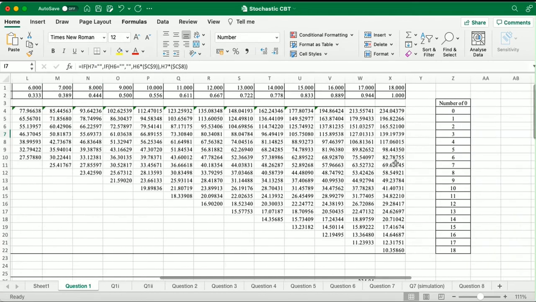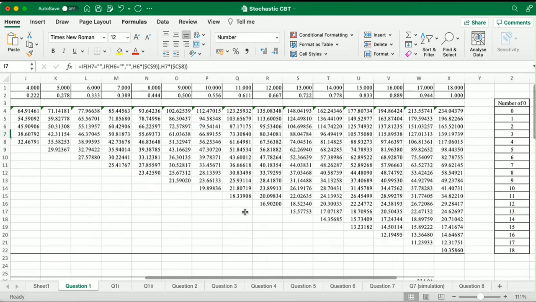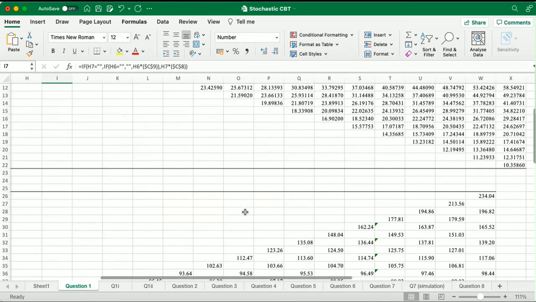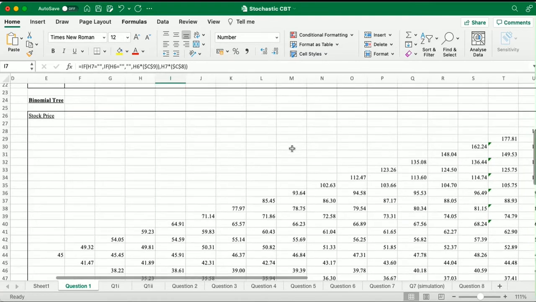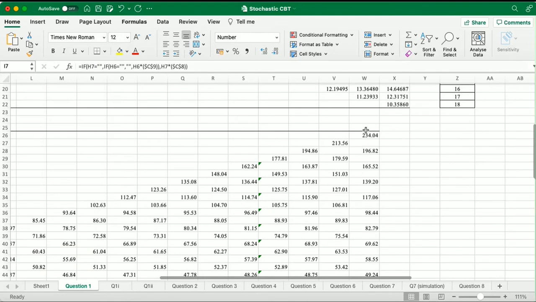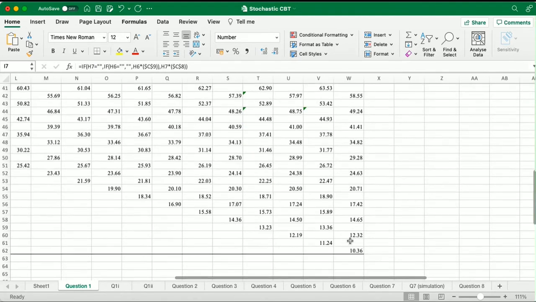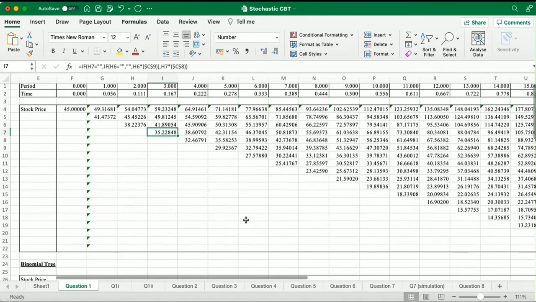So we obtain the lowest stock price as 10.36 and the highest stock price as 234.04. Then to confirm that the calculation and formula in the table is correct, we can illustrate it with a binomial tree, which shows the same highest and lowest stock price, telling us that the stock price calculated is correct.